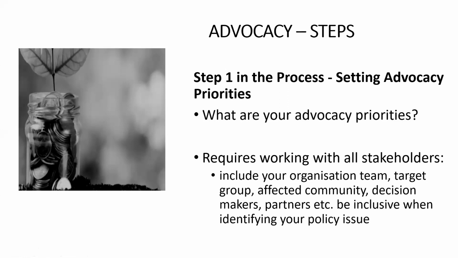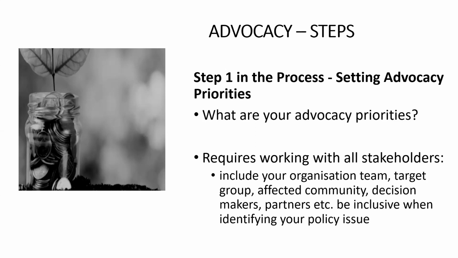You have to come together and identify what it is that you're looking to address. What is the problem? What is the issue? What are the problems surrounding it? And what are some of the solutions you can come up with? So it requires all stakeholder engagement, including your team in the CSO itself.